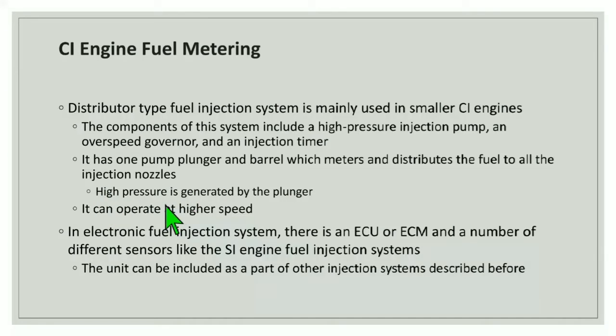High pressure is generated by the plunger. It can operate at higher speed. In electronic fuel injection system, there is an ECU or ECM and a number of different sensors like the SI engine fuel injection systems. The unit can be included as a part of other injection systems described before.